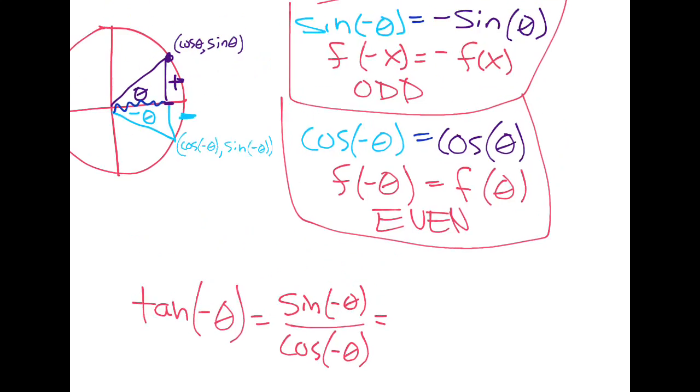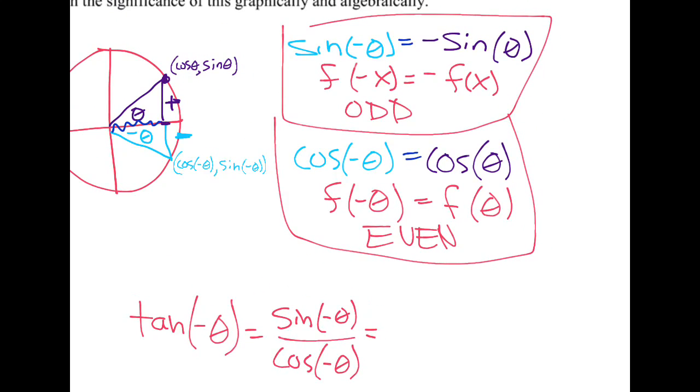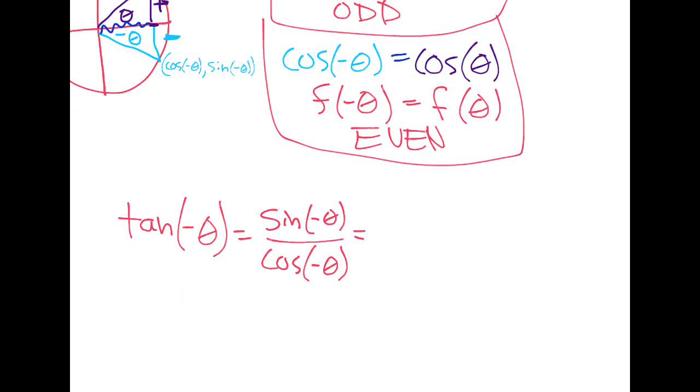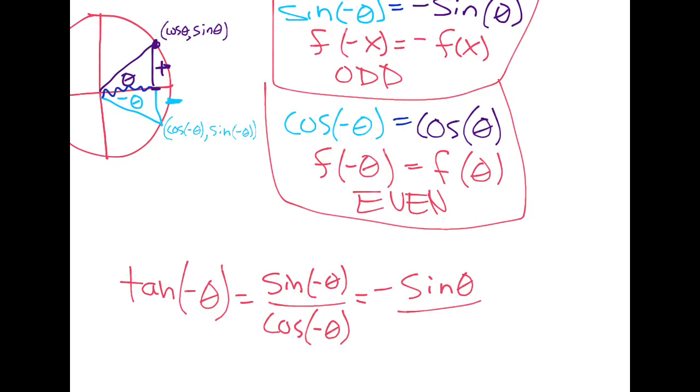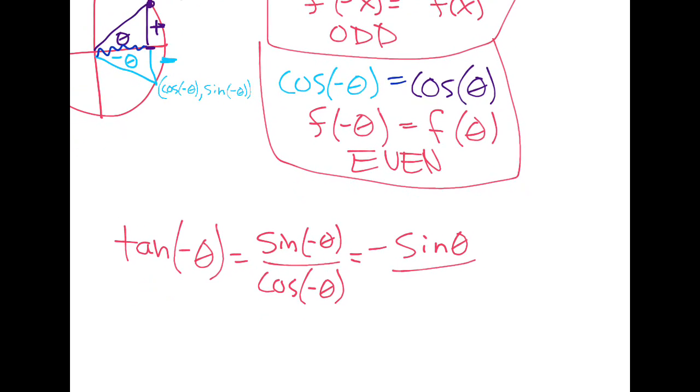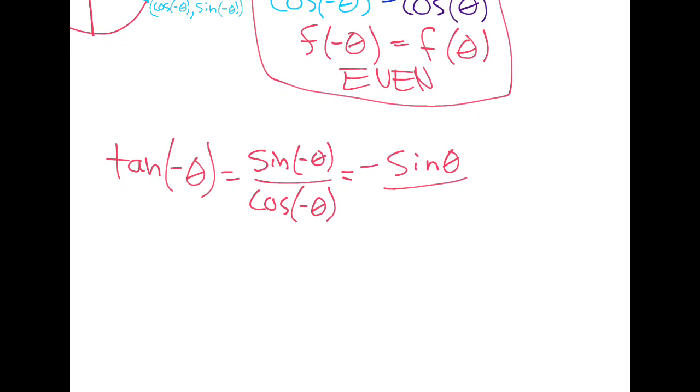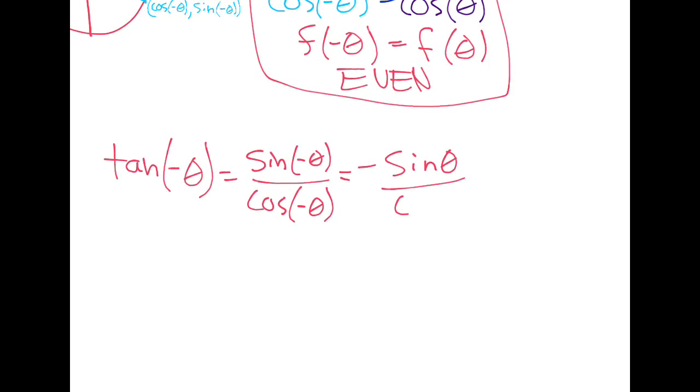But think about what we used up here. We know that sine of negative theta is the same as negative sine of theta, so I can pull that negative out, call it negative sine of theta. And we know that cosine of theta is the same as cosine of negative theta. So in the denominator there, cosine of negative theta can become cosine of theta.